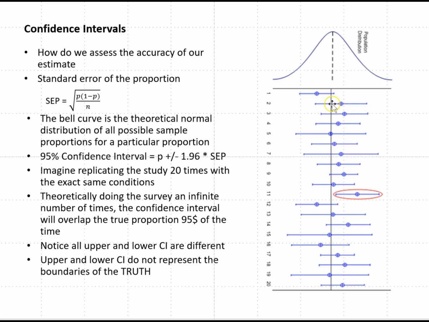So really, the width of this bar gives you some sense of how accurate your estimate is. So when you hear somebody say the proportion was 70% plus or minus 5, that does not mean the truth is bounded by 65 and 75%. The truth is the truth. It has no bounds. It can't vary somewhere between 65 and 75.